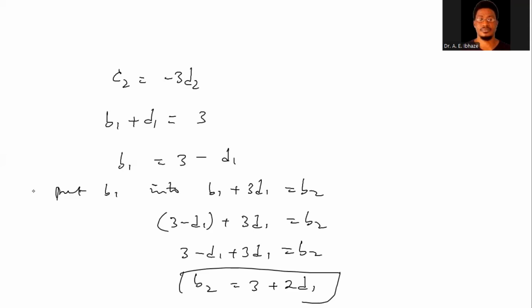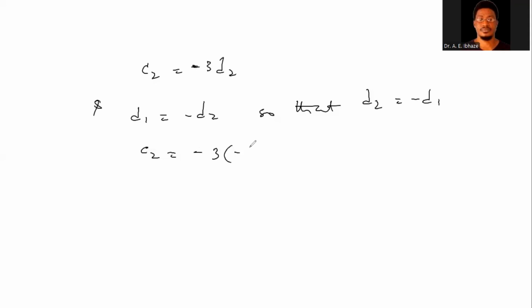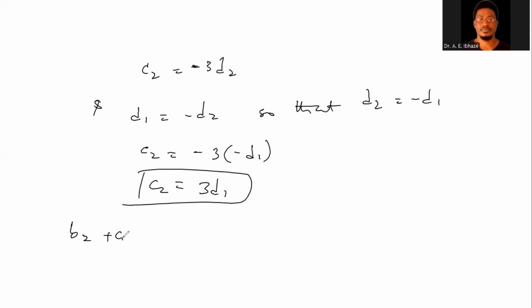Now, we also know that c2 is the same as negative 3d2, and also d1 is the same as negative d2, so that d2 is the same as negative d1. So c2 will be the same as negative 3 times negative d1, which will be the same as 3d1. Also, b2 plus c2 plus d2 is the same as 5.